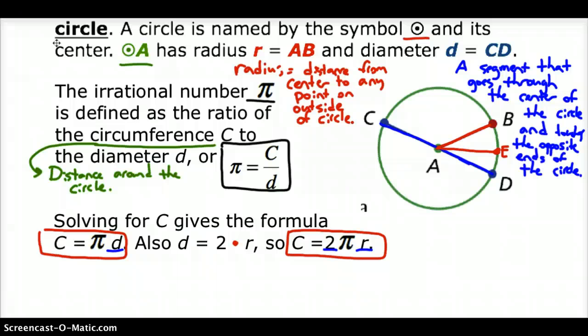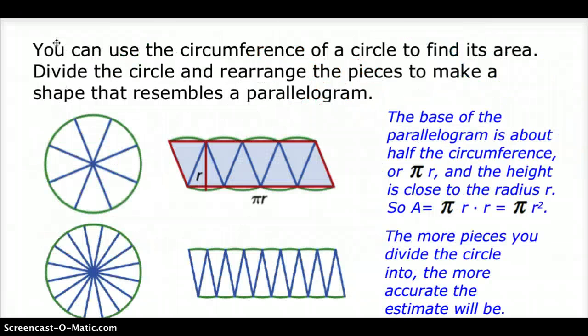Okay, but let's go ahead and just take a quick look at this next page here. So this next part sort of tells us how we can develop the formula for the area of a circle. Okay, so it says you can use the circumference of a circle to find its area. Divide the circle and arrange the pieces to make a shape that resembles a parallelogram.